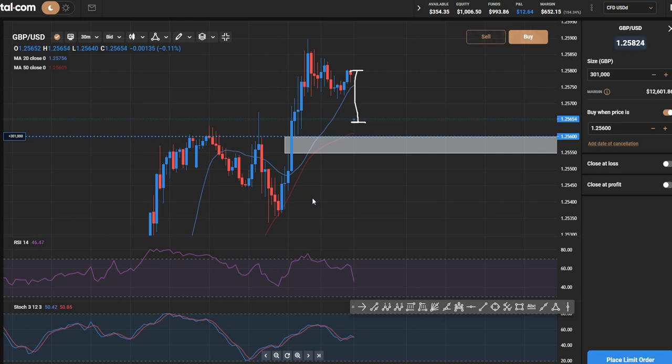So shorting on Capital.com, the price is too big. Even though it looks small, it is big, especially on Forex. Look at that. It is big.